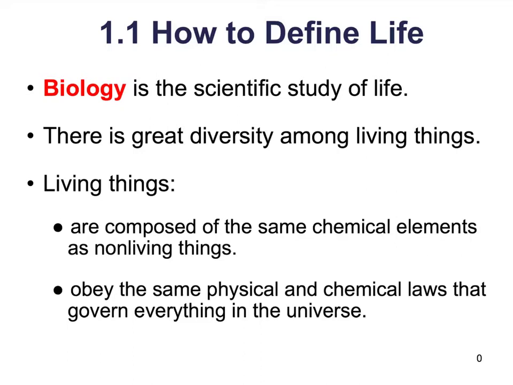First of all, living things are all composed of chemical elements. Those are the same chemical elements as non-living things are composed of. So the same carbon that makes up you and I also makes up the desk or table that you're sitting at right now. They also all obey the same physical and chemical laws like everything else in the universe, whether it's a living organism or a non-living table, desk, what have you.